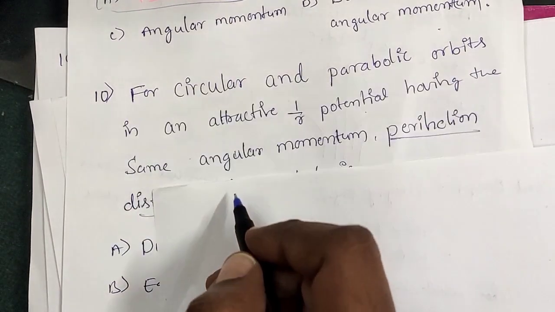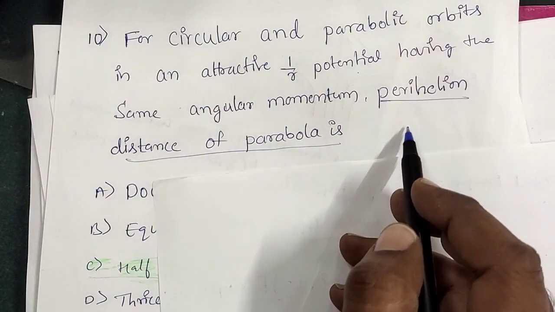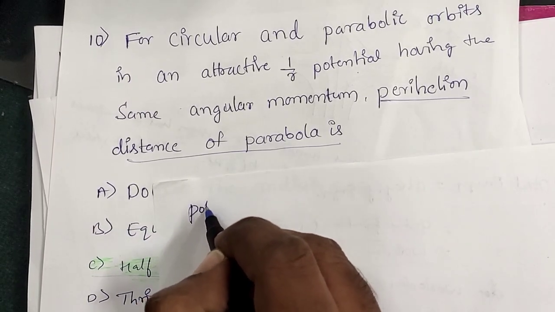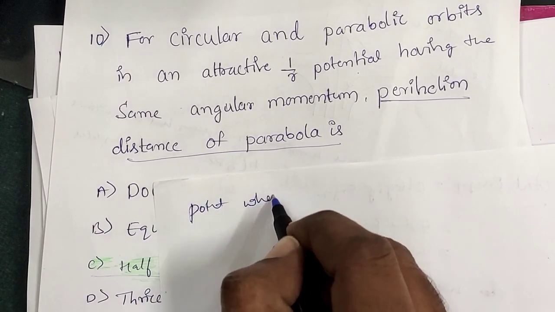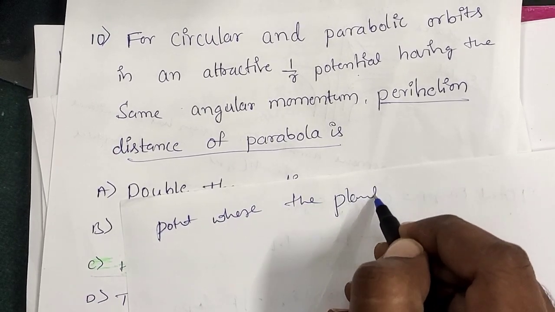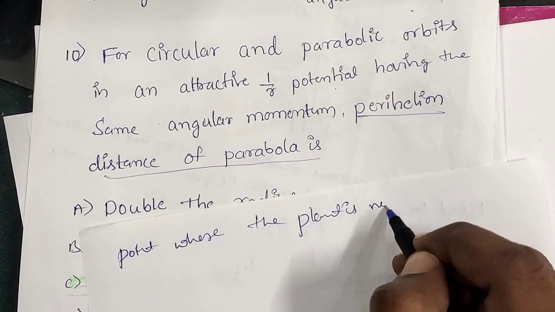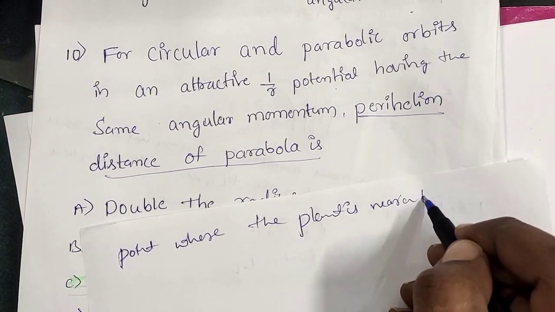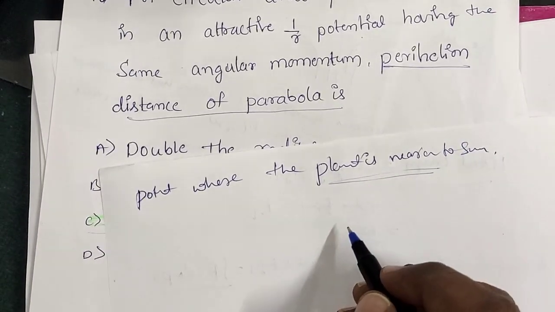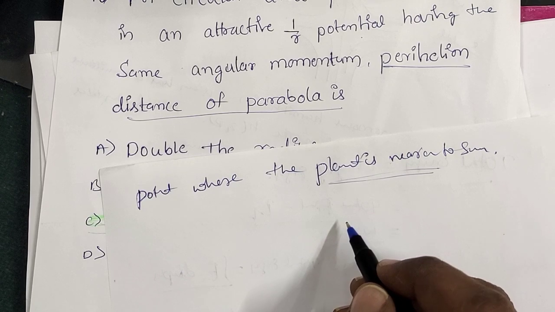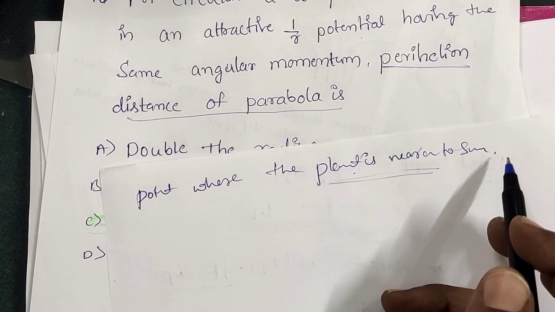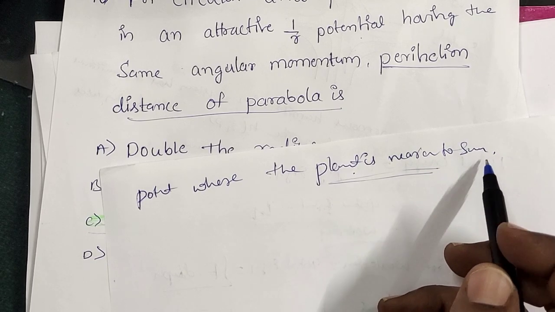Perihelion means the point where the planet is nearer to the sun. And aphelion means the point of the furthest or longest distance from the sun.